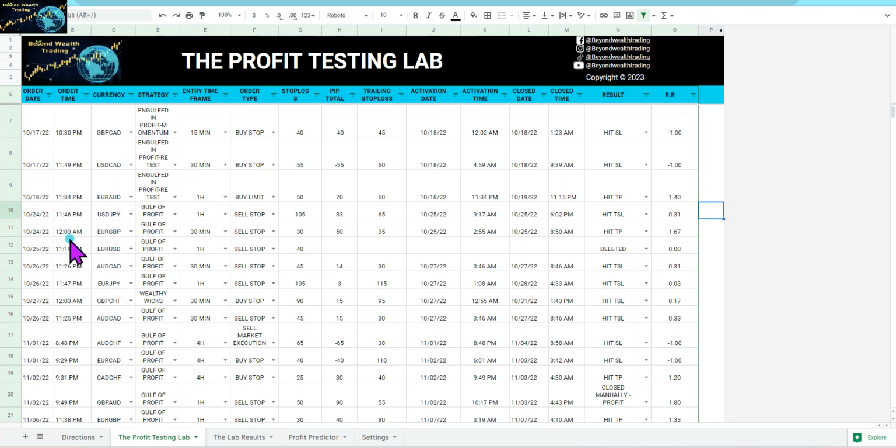All you have to do, and I do want to say this before I get started: our products are customizable to your strategy, to whatever you're trading, to your order types, all those things. And also because we want to be mindful that different traders back test different ways, you will receive two different versions of the Profit Testing Lab.